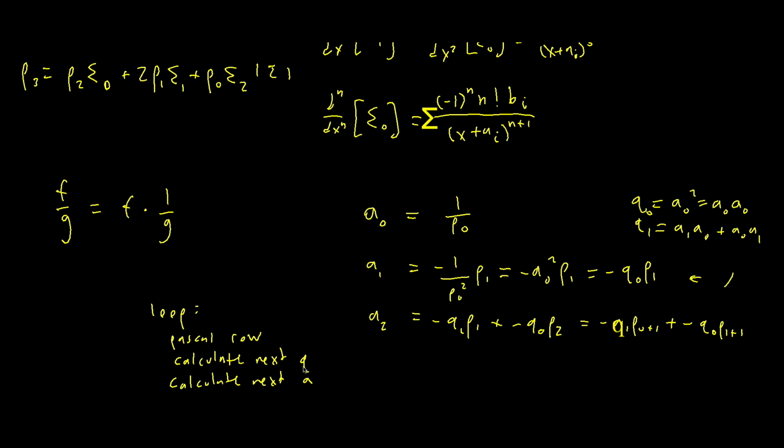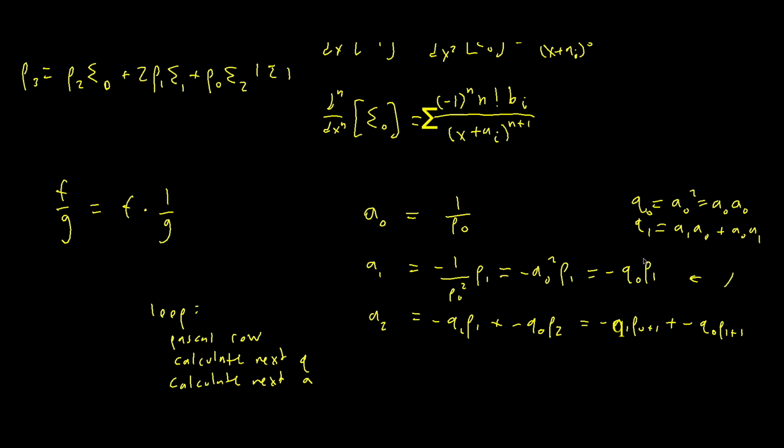Then you calculate the next q, which would be just the initial row, so q naught. Then from that q, you can calculate the next required a, which would be a1. Then you do the next step, calculate the next Pascal row, which is 1, 1. You just factor out the negative, so it would be 1, 1.